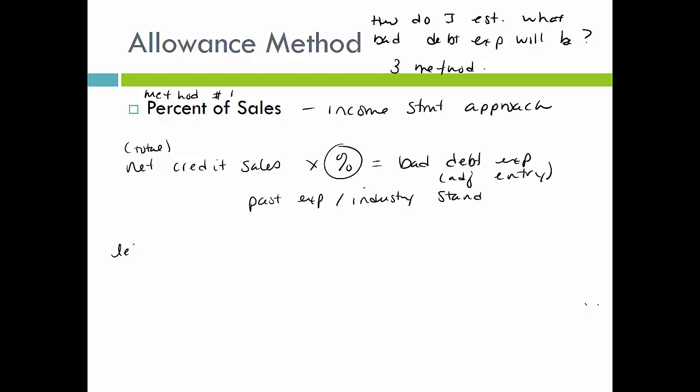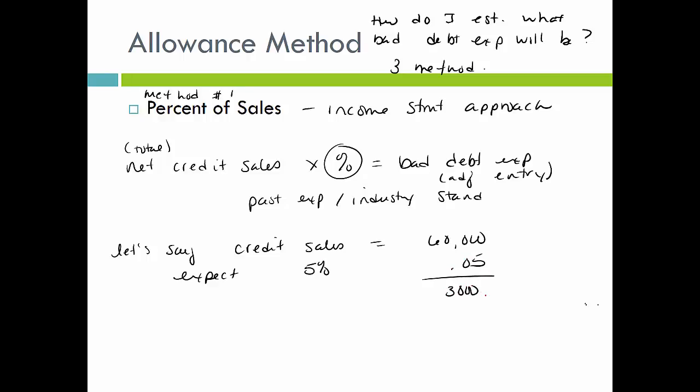So let's say that your net credit sales total $60,000, and you expect 5% that you're going to have to write off. So you would take the 60,000 times 0.05, and you get $3,000.